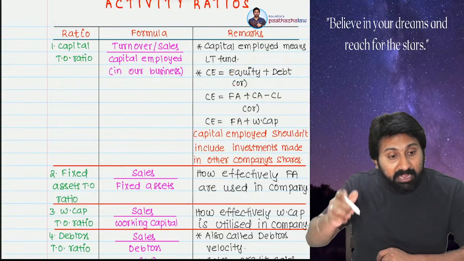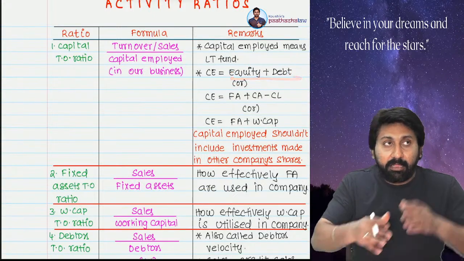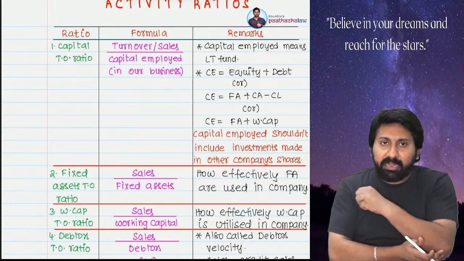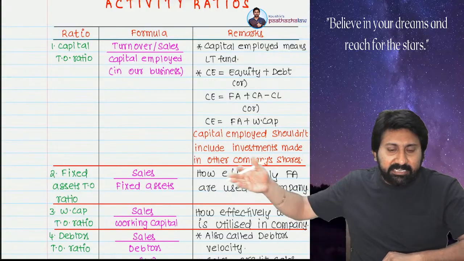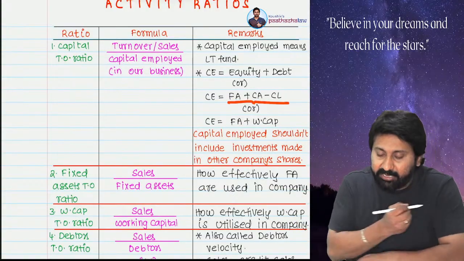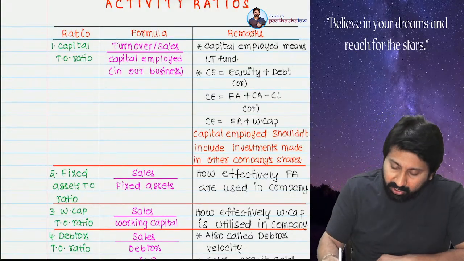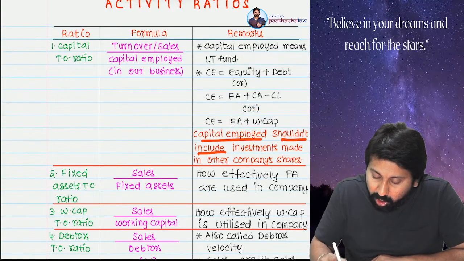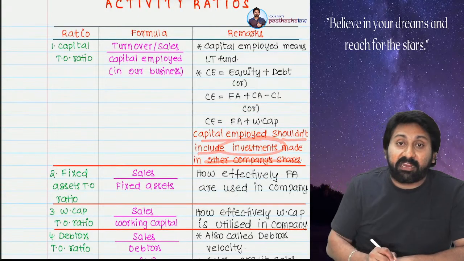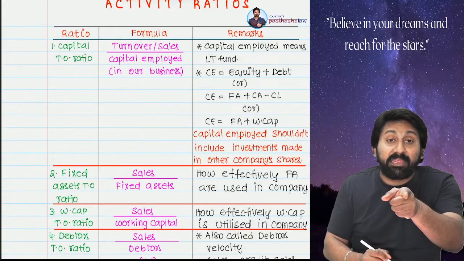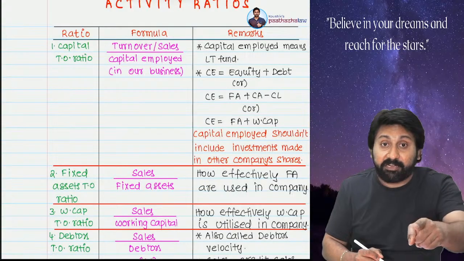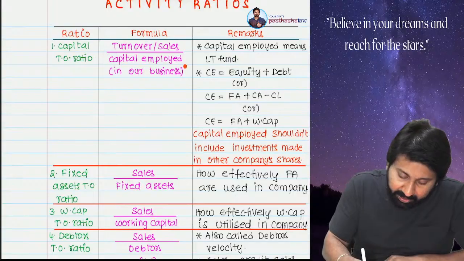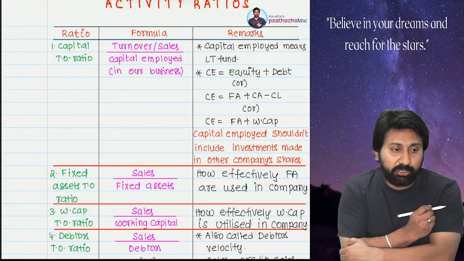From the assets side, money raised by equity and debt, where you put that amount: fixed assets and current assets. Fixed assets plus current assets minus current liability, or fixed assets plus working capital. Capital employed should not include investments made in other company shares, because that return is coming not because of your efforts, but because of other company's efforts. Therefore, only our business should be considered.